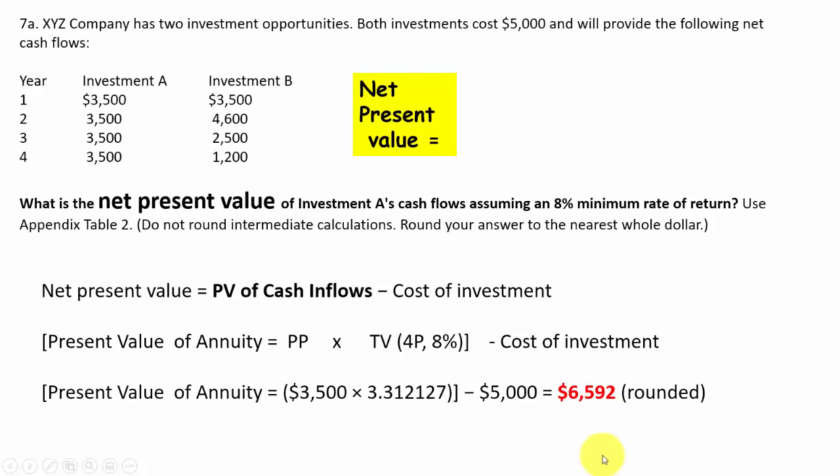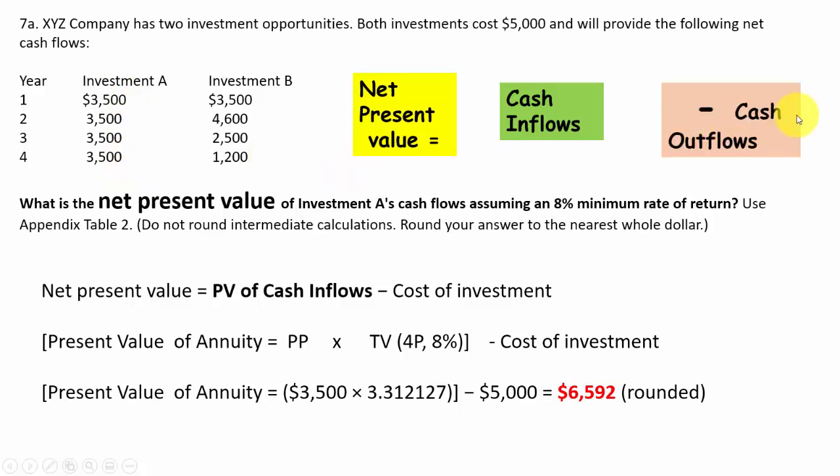So in summary, the net present value is equal to the cash inflows, which would be these $3,500 payments discounted back to the present, minus the cash outflows. And these cash inflows and cash outflows are all at the same point in time.